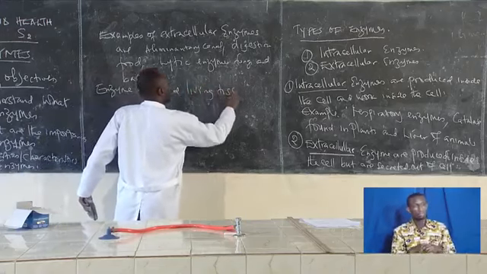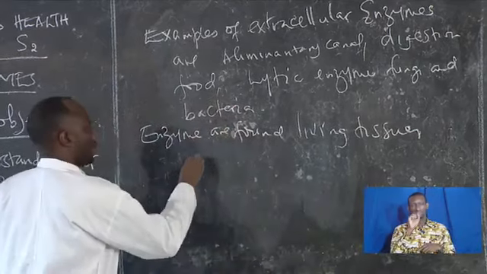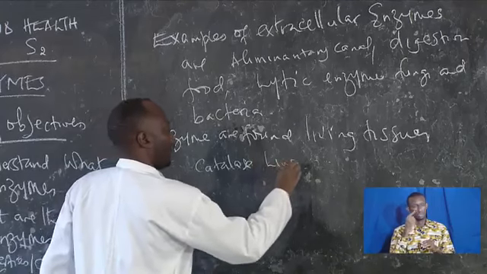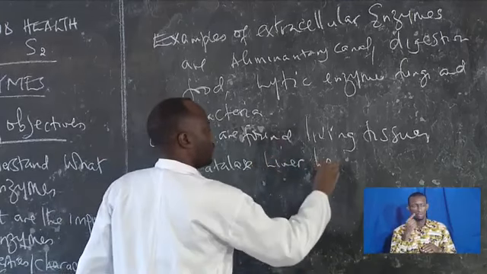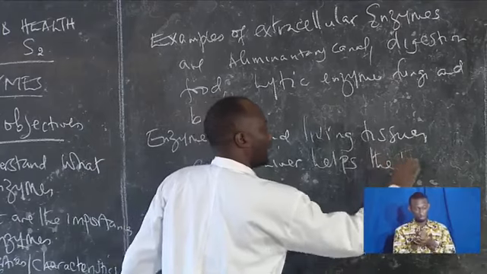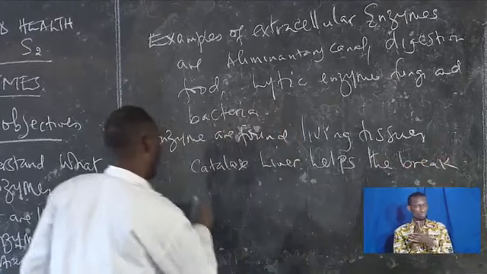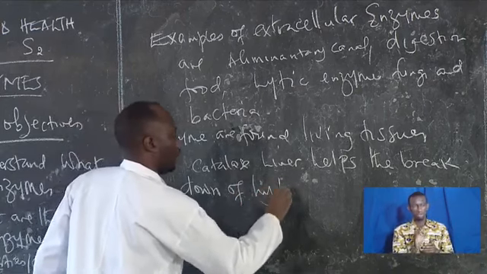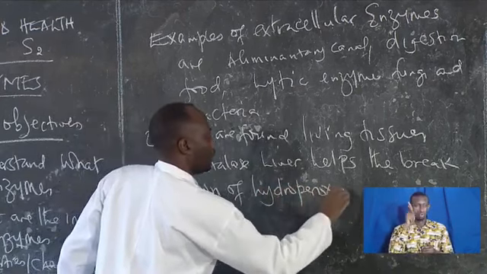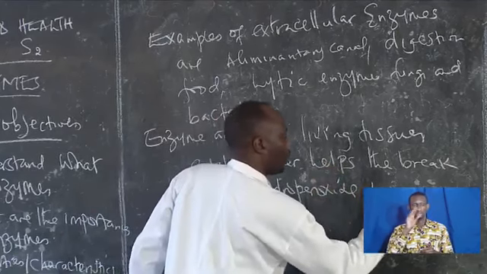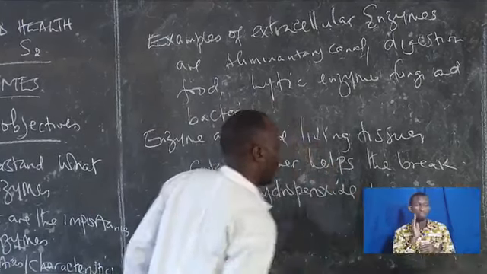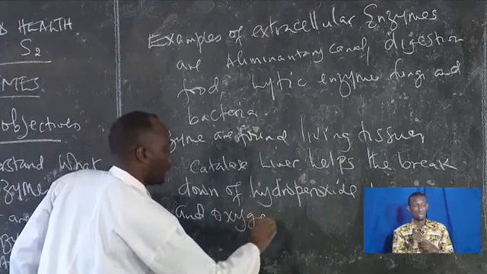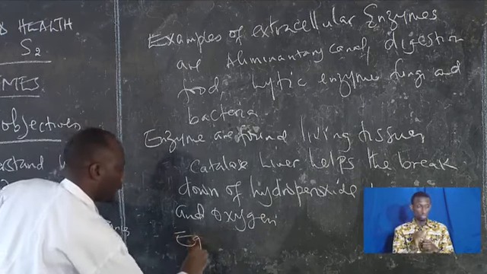Examples in living tissues, we have the catalase enzyme, which is found commonly in the liver, all right, which helps in the breakdown of hydrogen peroxide into water and oxygen. Here we can have the equation. This is the equation of the reaction.